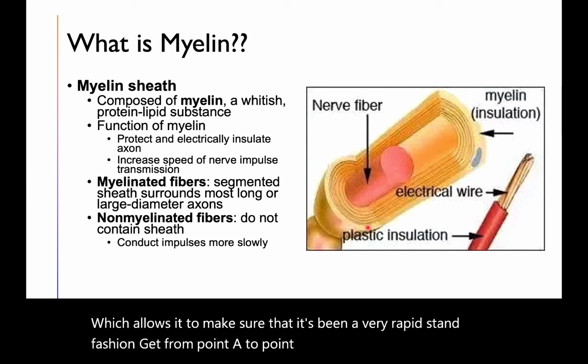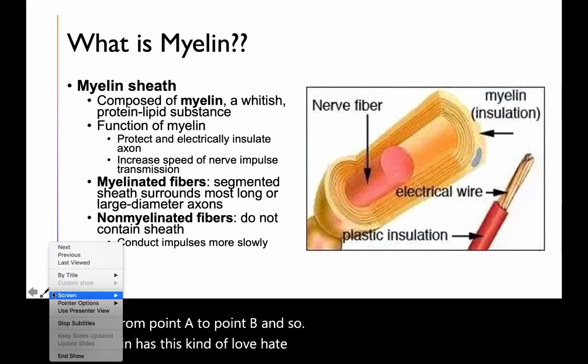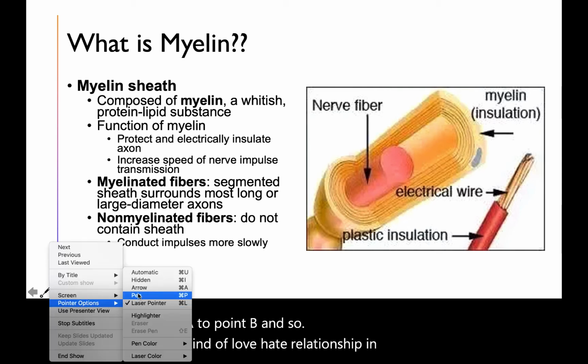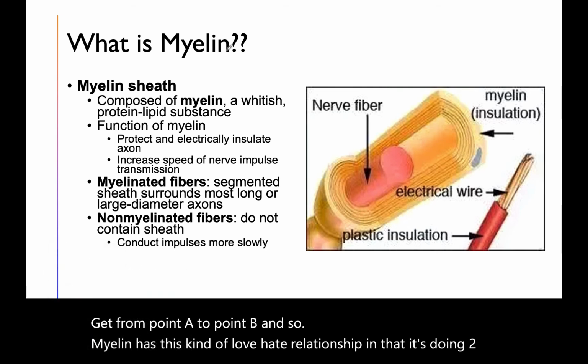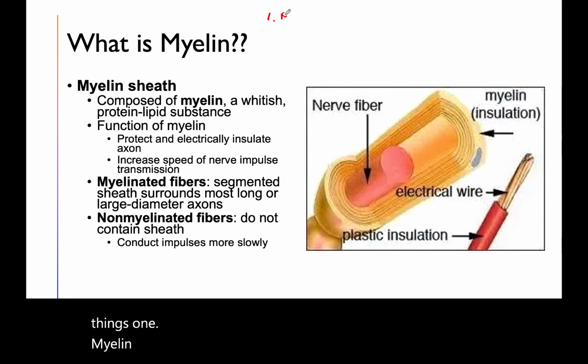And so myelin has this kind of love-hate relationship in that it's doing two things. One, myelin is reducing ion leakage.